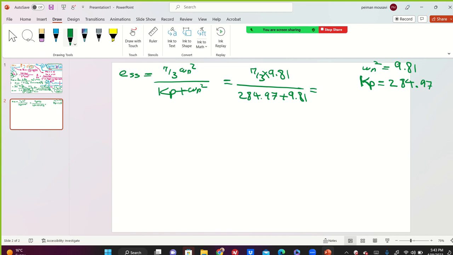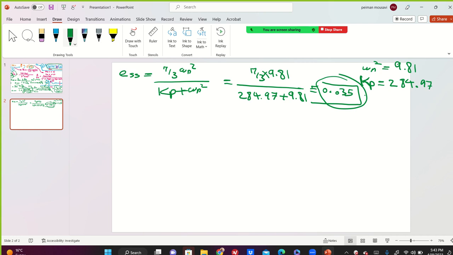Bingo. As you saw in the MATLAB code, it was a small value, 3.5. Remember? It was a very small value, but this is still a number. See what I'm saying? It still is a number. So you have a steady state value, and I want to remove it.